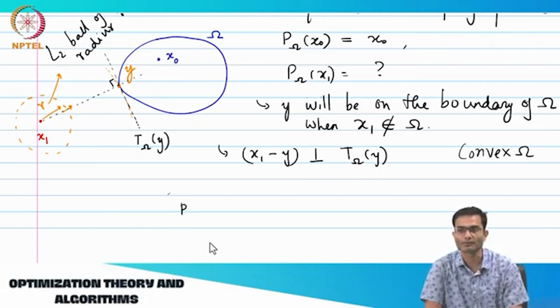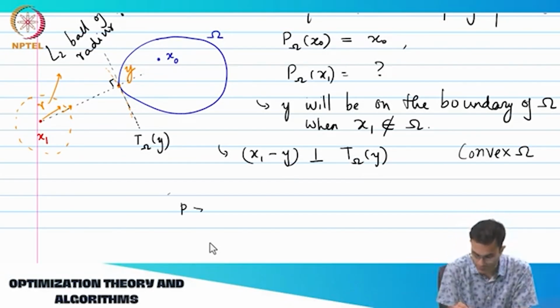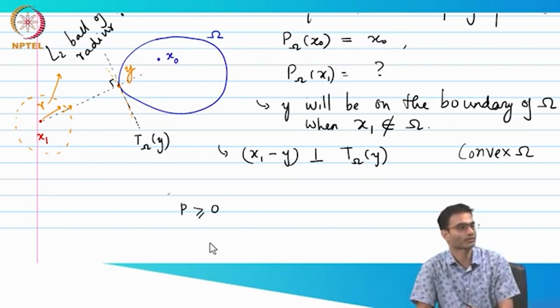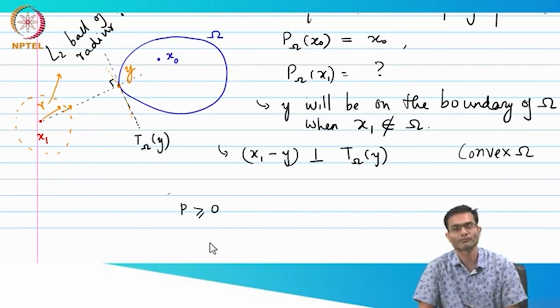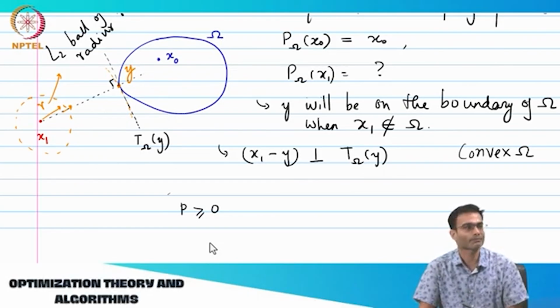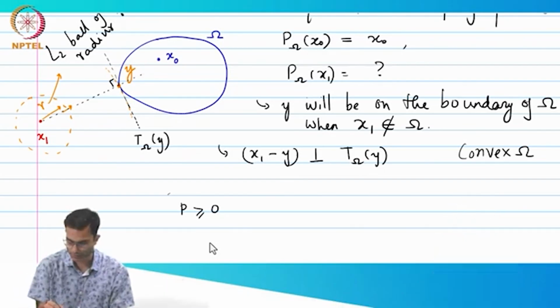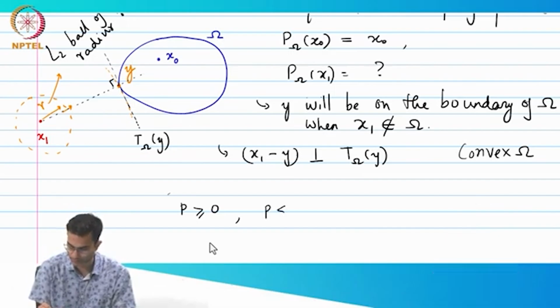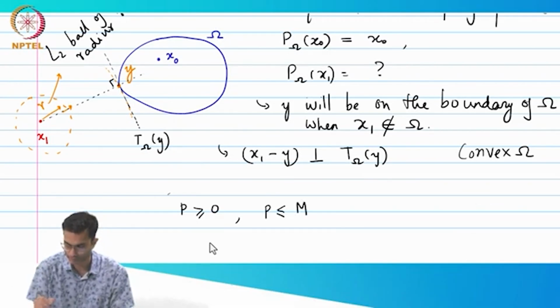It has to be non-negative. It makes no sense to talk about negative power. So this is the first common sense constraint. What else can you think of? Just think of a real life engineering problem. I will have some maximum amount of power that I can work with. I will never have unbounded power, right? So the second common sense constraint would be p less than or equal to some, let's say, M.